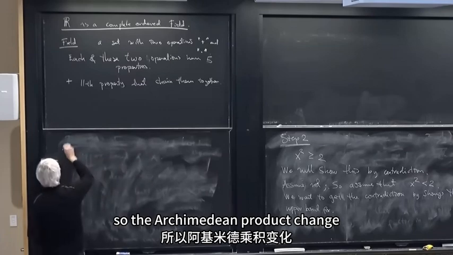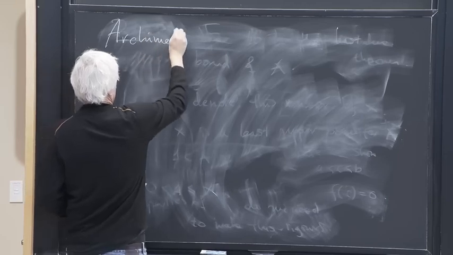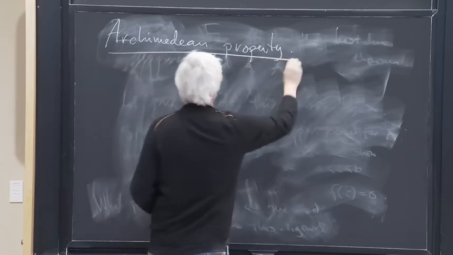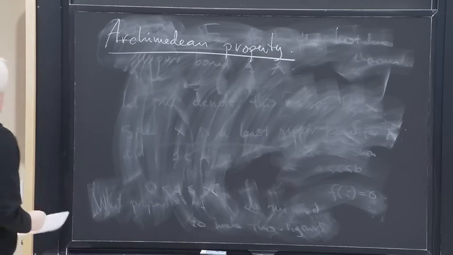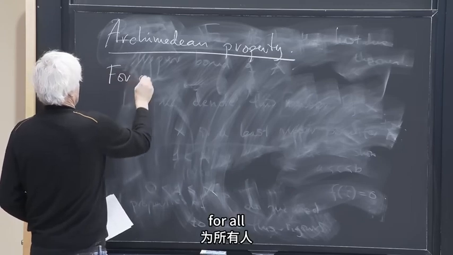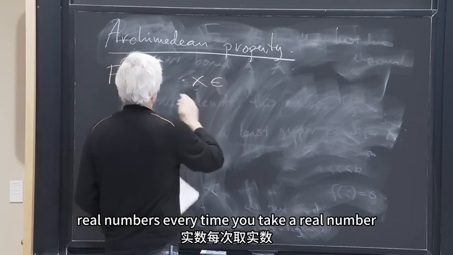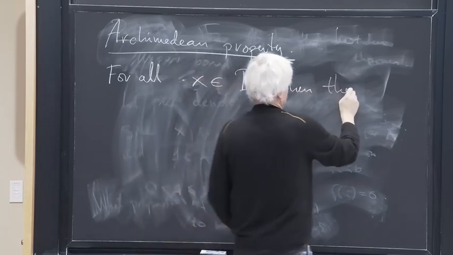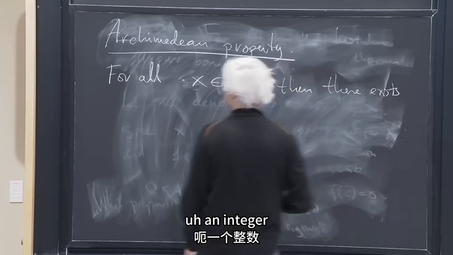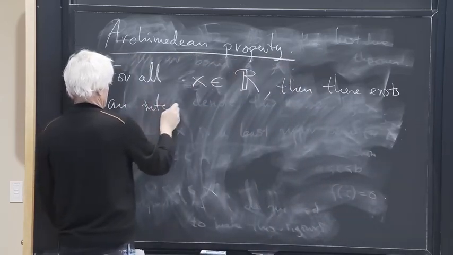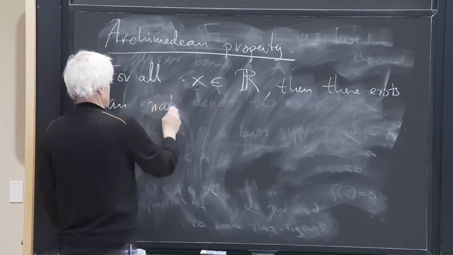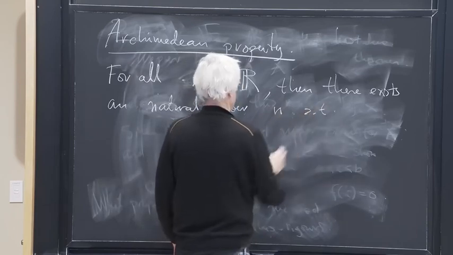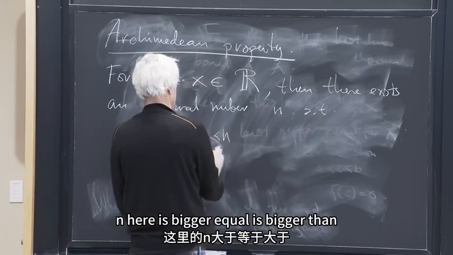So the Archimedean property is the following: for all real numbers, every time you take a real number x, there exists an integer, actually even a natural number, n such that n here is bigger than x.